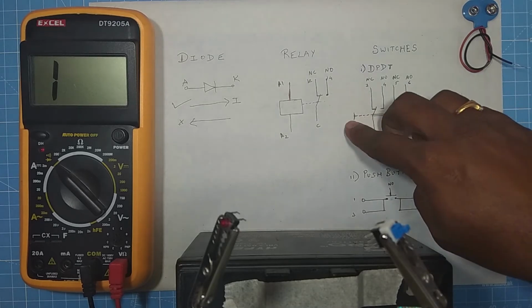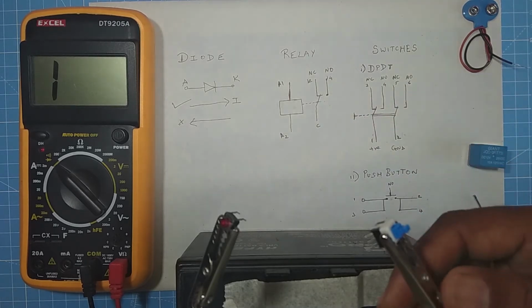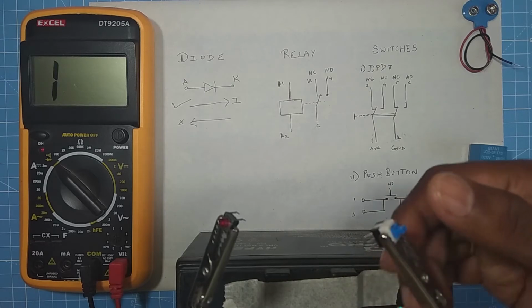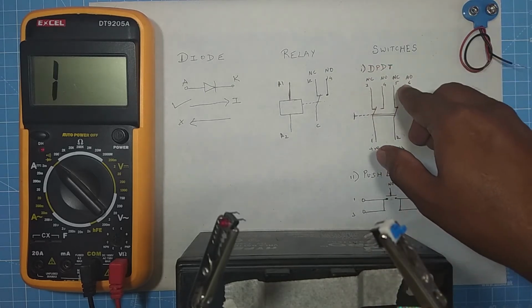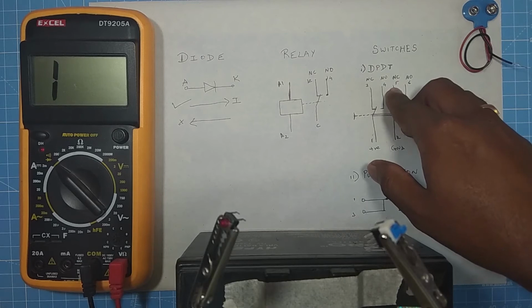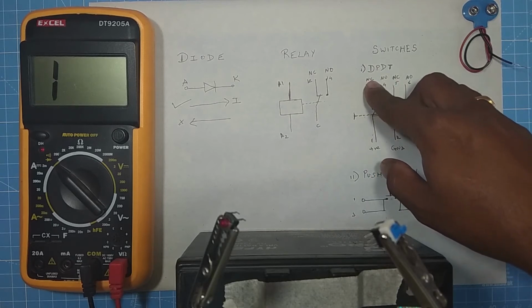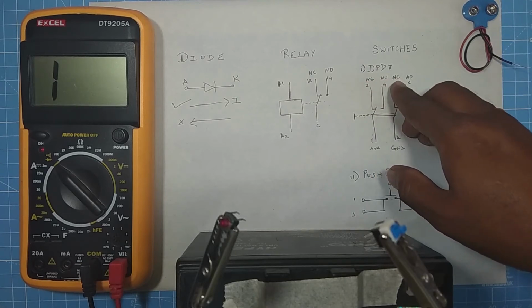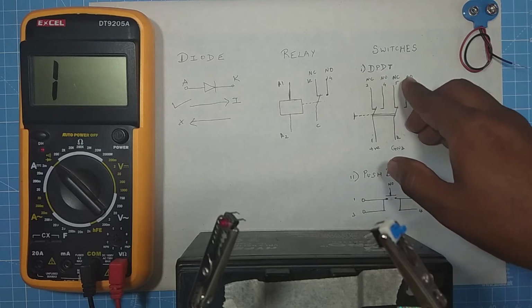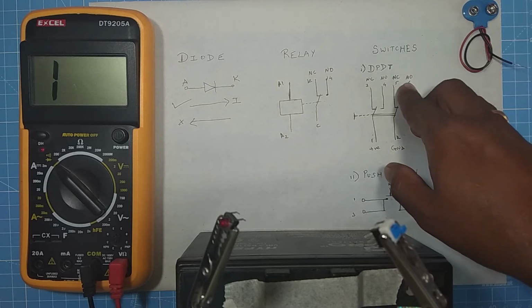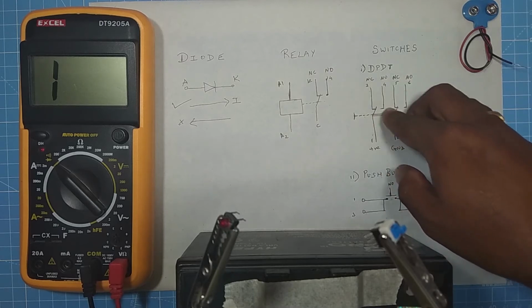So when I press this switch, the state of these terminals will be changed. So NC will become NO, NO will become NC, NC will become NO over here, and NO will become NC over here.